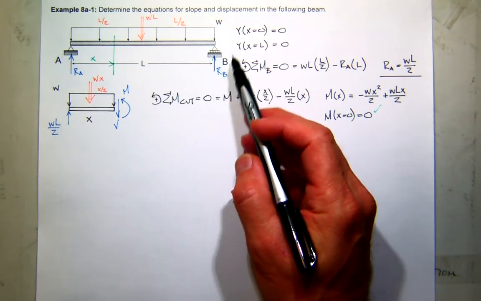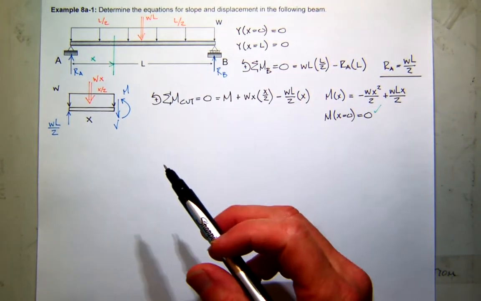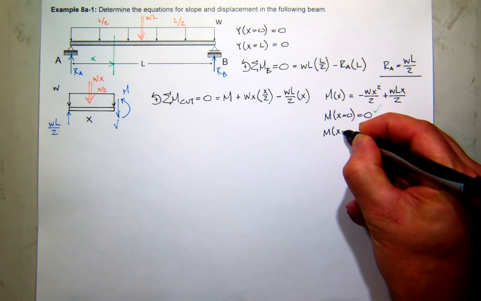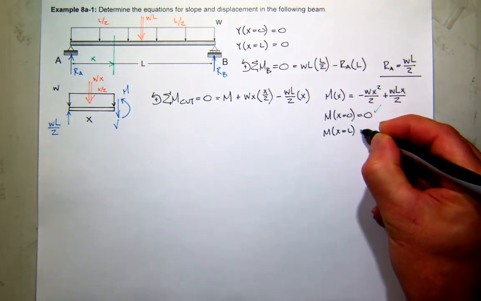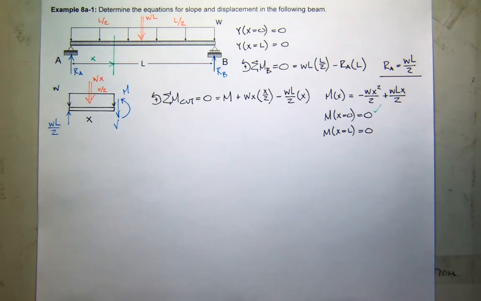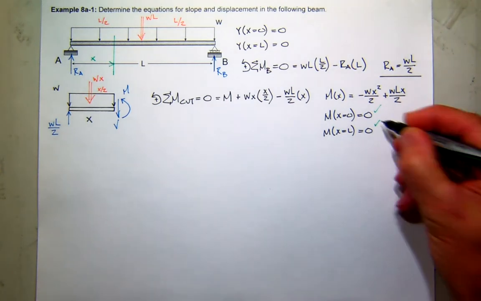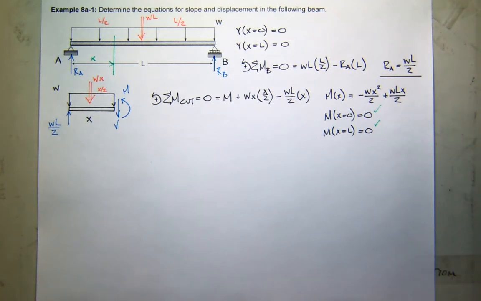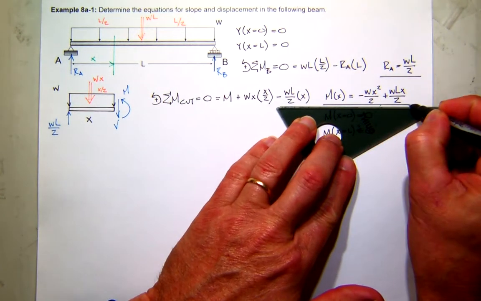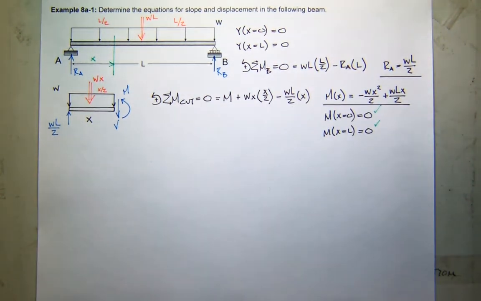How about at B? What's the moment at B? 0. So that says that at x equal L, the moment should be 0. If you put in L here, what do you get? You get 0. So that works. So that is my moment equation. And again, for the first part of the class, you're done.